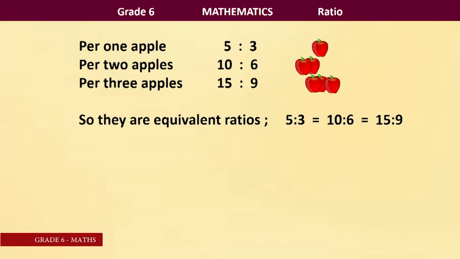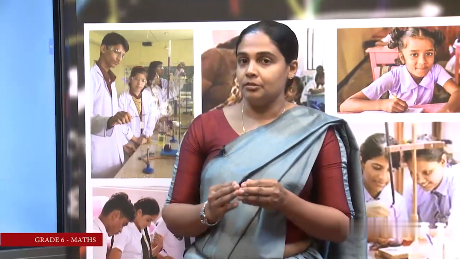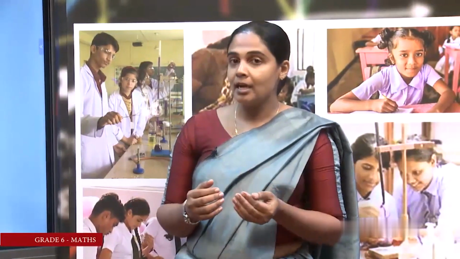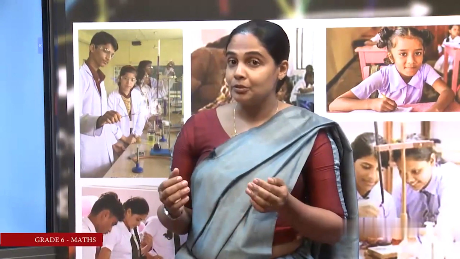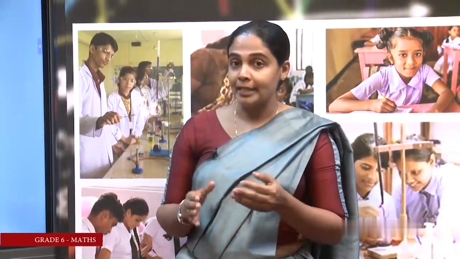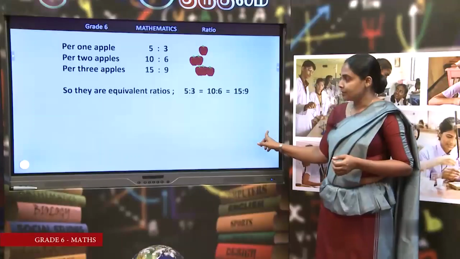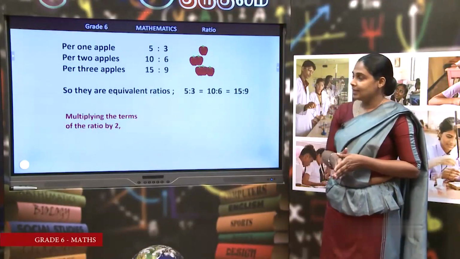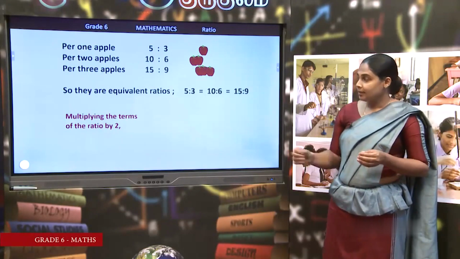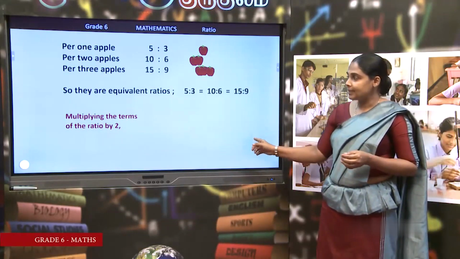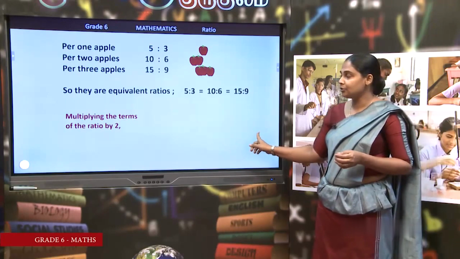Then mathematically, how can we obtain these ratios? Using diagrams I explained how to get equivalent ratios. But dear kids, you should write answers mathematically using mathematical operations. Then how can we write? Multiplying the terms of the ratio by 2.